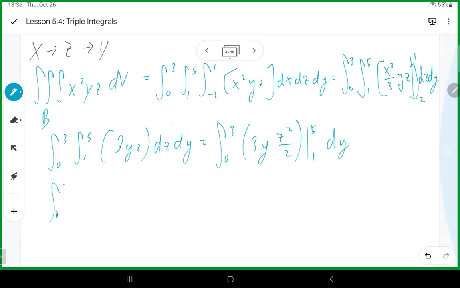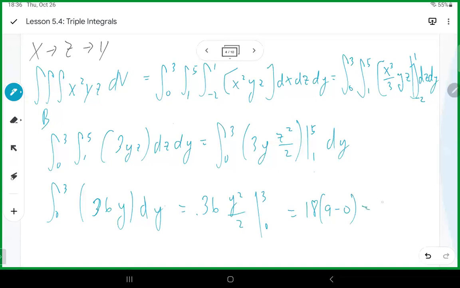So 1, 0, 3, 36, y squared, 36, y squared over 2, 3, 18, yep, 162. So that's just basically proving to you that you can, in fact, get it as long as you keep consistent with what is where.